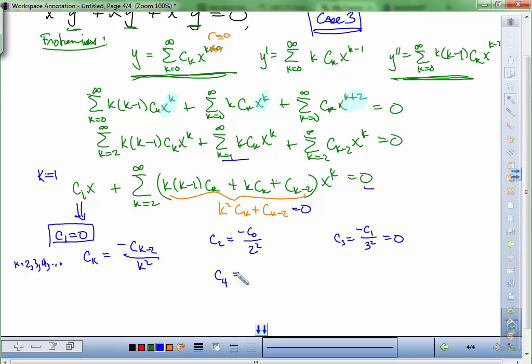When k is equal to 4, this is negative C4 minus 2, negative C2 divided by 4 squared. What's that equal to? This is equal to positive C0 over 4 squared times 2 squared. Is that right?